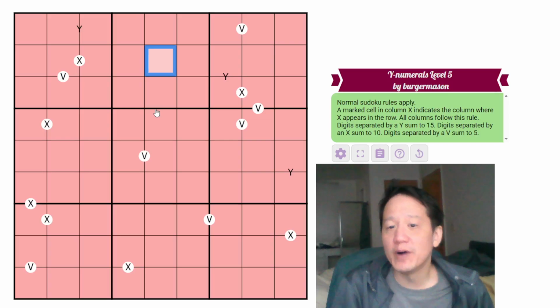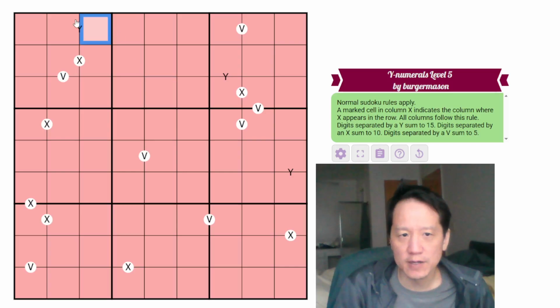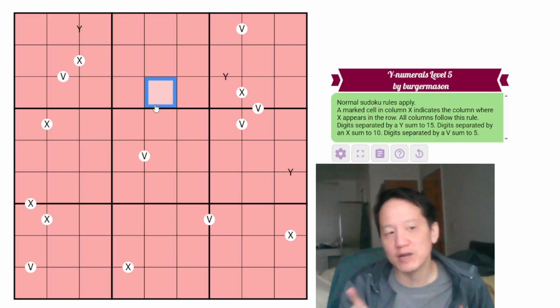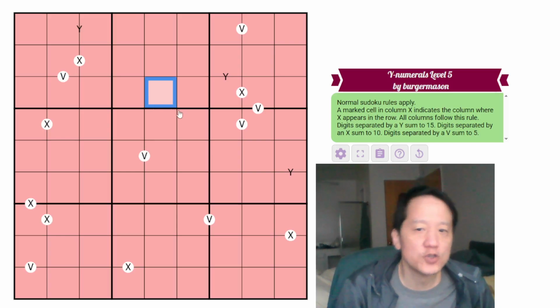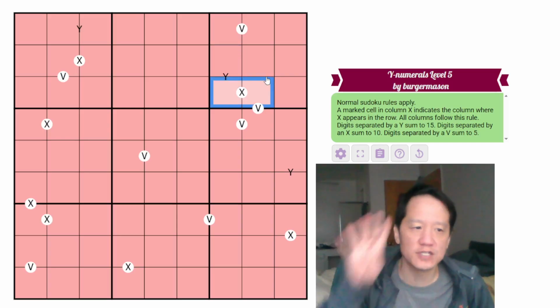Digits separated by a Y sum to 15. So this is the Y numerals, right? And also digits separated by an X sum to 10, and digits separated by a V sum to 5. So Y is essentially the equivalent of the V, but for the digits 6 through 9, right?